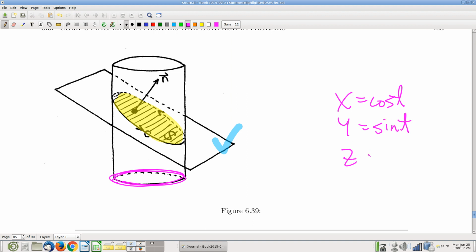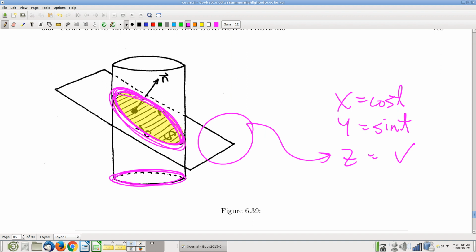That means Z is easy to write down in terms of whatever the equation of the plane is. Right? So you've got a parameterization of the... Sorry, I got ahead of myself. What I have just done is parameterize the curve here. Sorry about that. That's the parameterization of the curve.